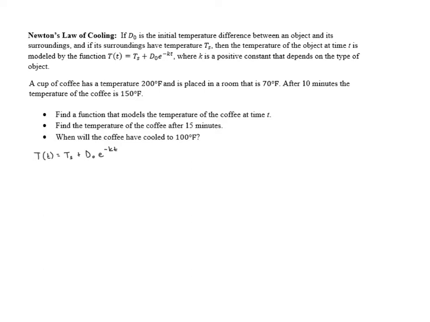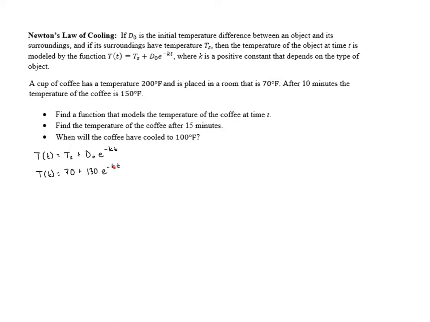So we know that the original temperature of the surroundings is 70 degrees Fahrenheit, so this will be 70, plus the initial difference in temperature. Well, the coffee was 200 degrees and the room was 70 degrees. The difference there is 130 degrees times e to the negative kt.